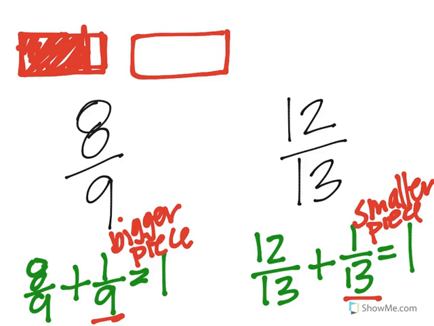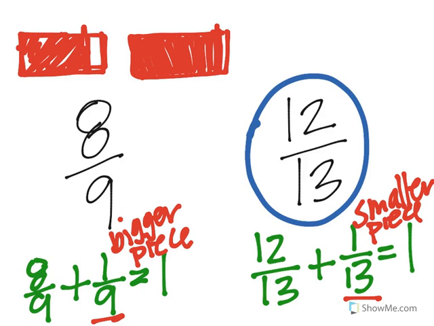It's not, but a 13th is a smaller piece, so a smaller piece is missing. That's the white space that's missing. So when a smaller piece is missing from the whole, that means more area can be covered. And because the smaller piece is missing and more area is covered, I can conclude that 12/13 is the larger number.